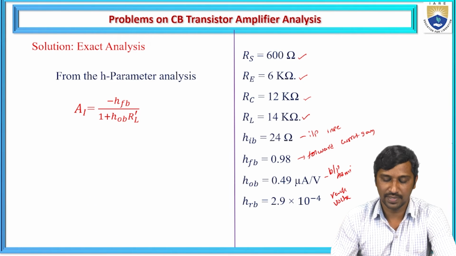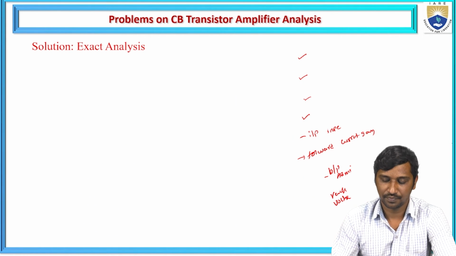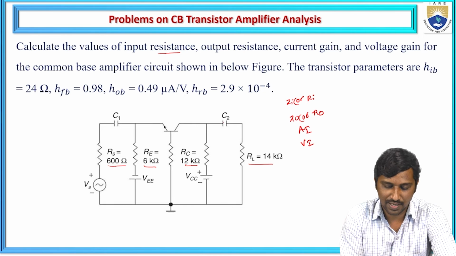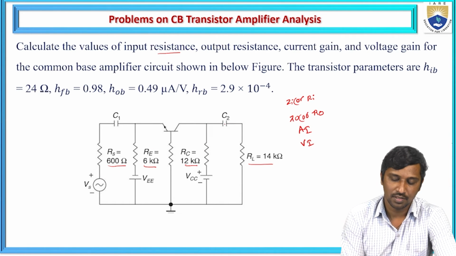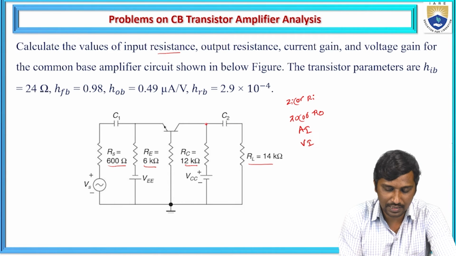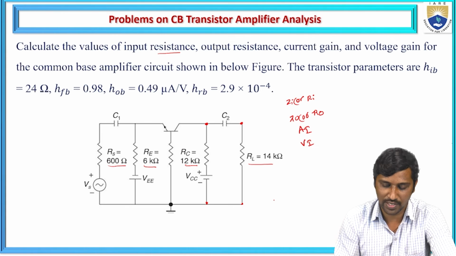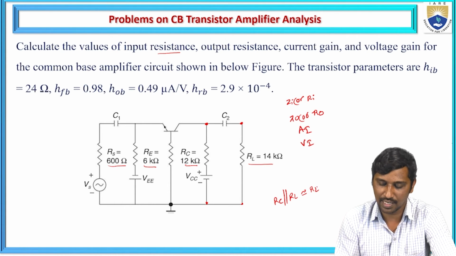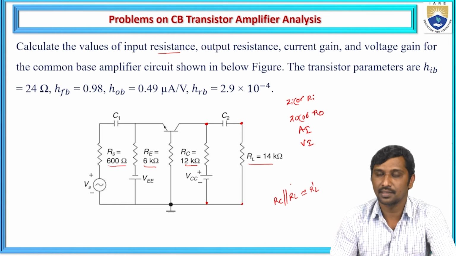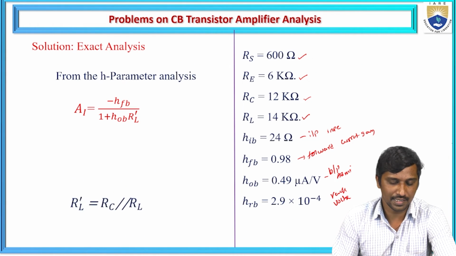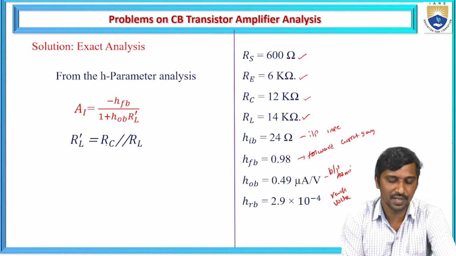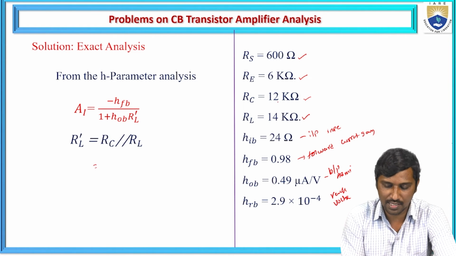Where RL dash, when we are passing the AC signal, this capacitor acts as a short circuit. So whenever it acts as a short circuit, the collector resistance and the load resistance are a parallel combination. So RC in parallel with RL, that equivalent resistance I consider as RL dash.